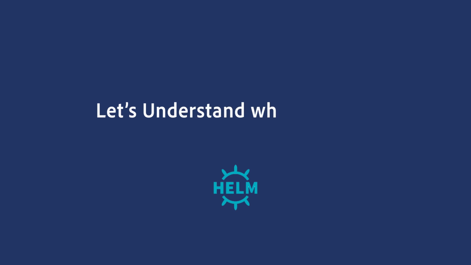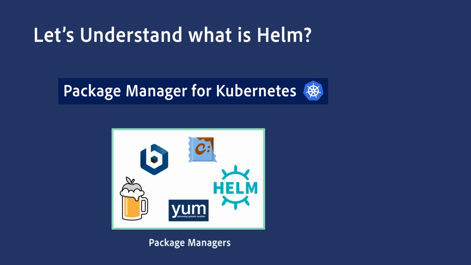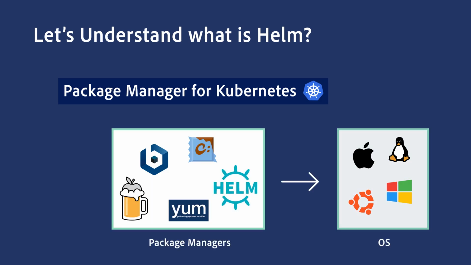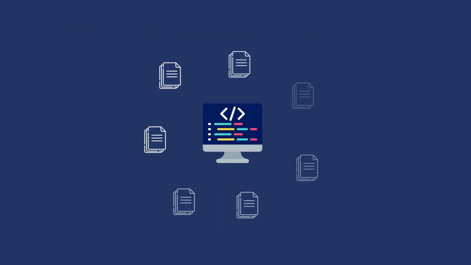So let's now understand what is Helm. Helm is the package manager within Kubernetes. Similar to how we have package managers on our machines that allow us to easily install any package. With these package managers, we don't need to worry about how many libraries need to be installed in the backend or where they need to be installed.